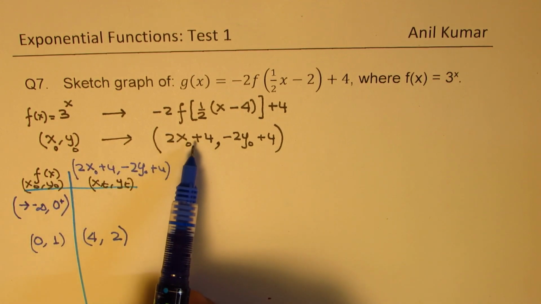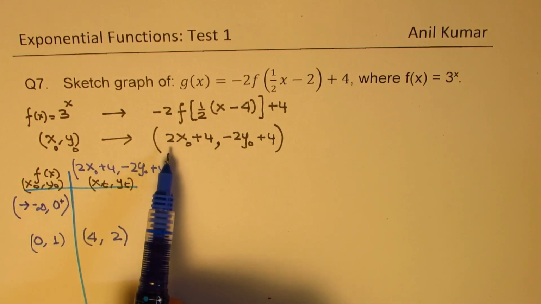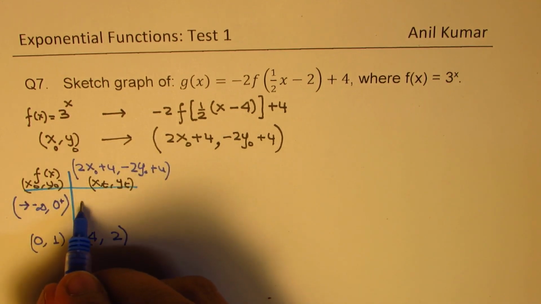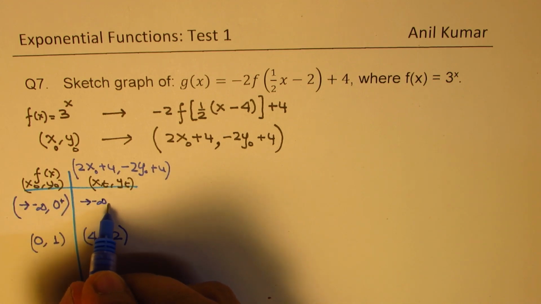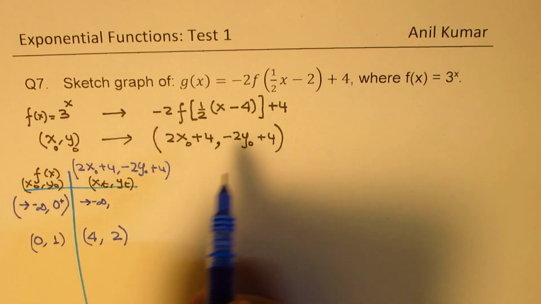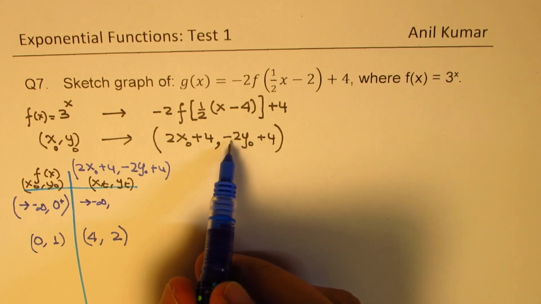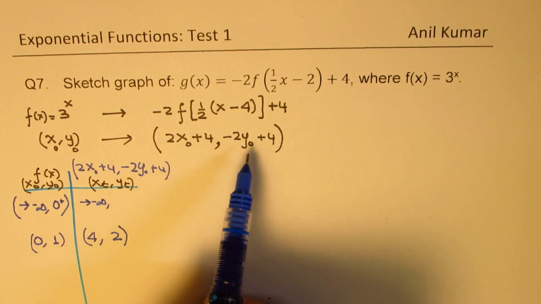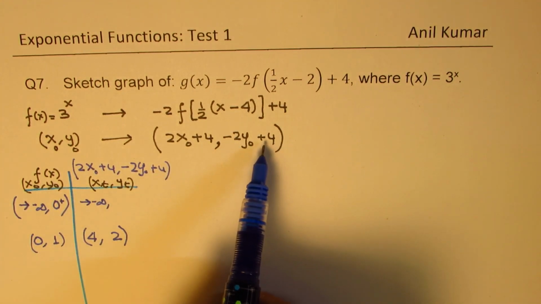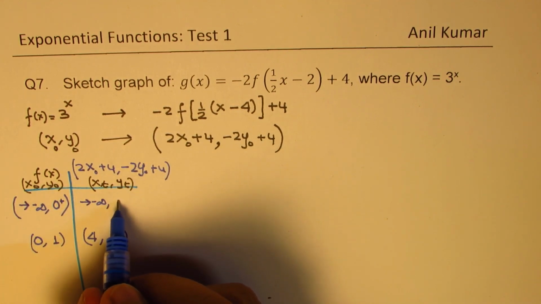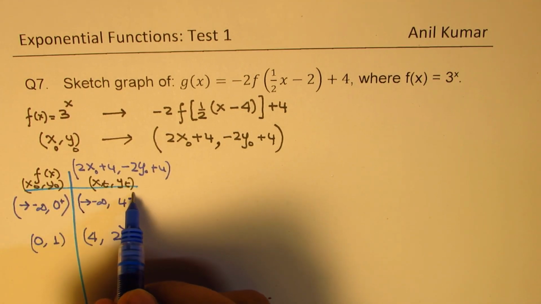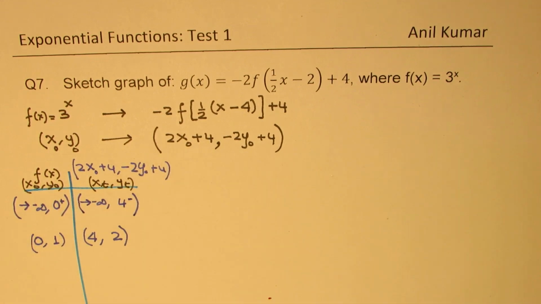Now, negative infinity will remain negative infinity after the transformation. But the y value becomes negative. You see that? Negative means it's going downwards, right? And we are adding 4 to it. So it approaches 4, but from below. Do you see that? So 4 from below. This is a very critical point.